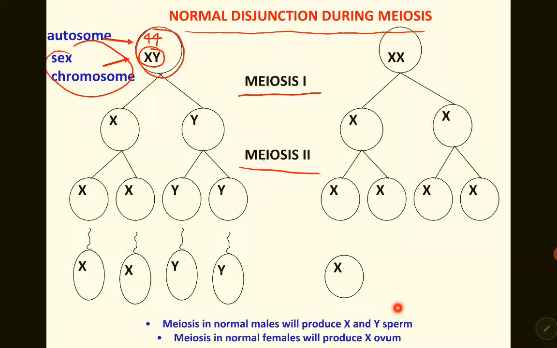As a result, we have X and Y sperms. While in oogenesis, XX will be separated as a pair of homologous chromosomes into X and X, and the sister chromatids will be separated. So as a result, we have only one type of gamete in the ovum, which is X.